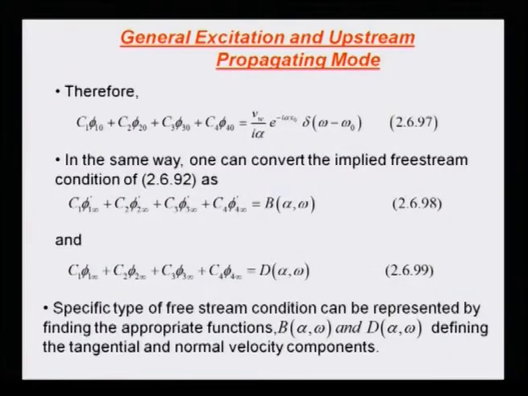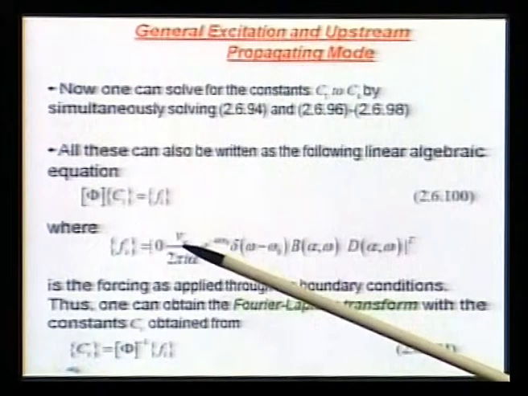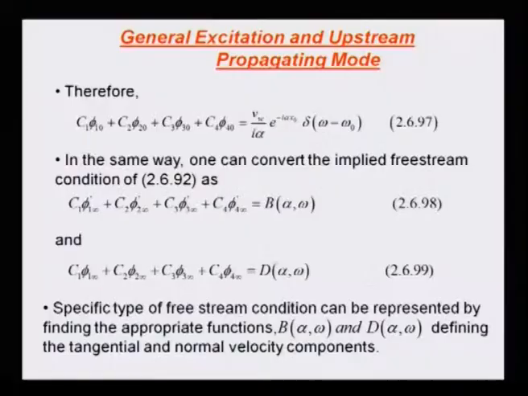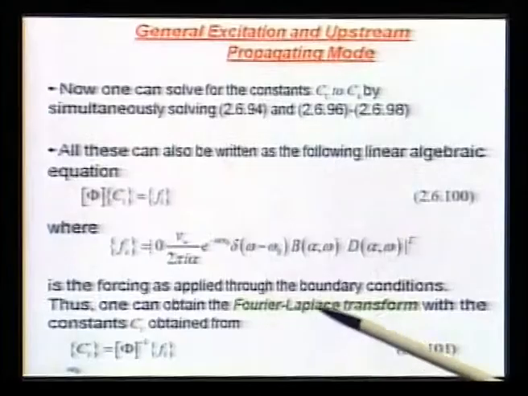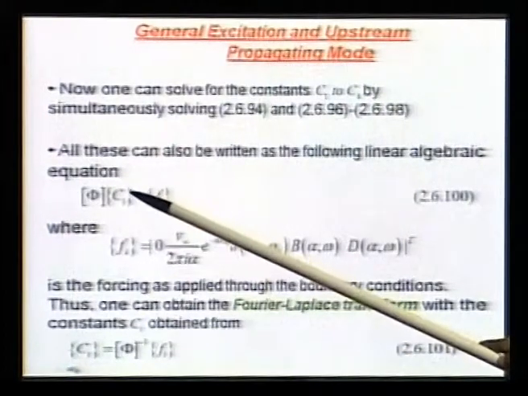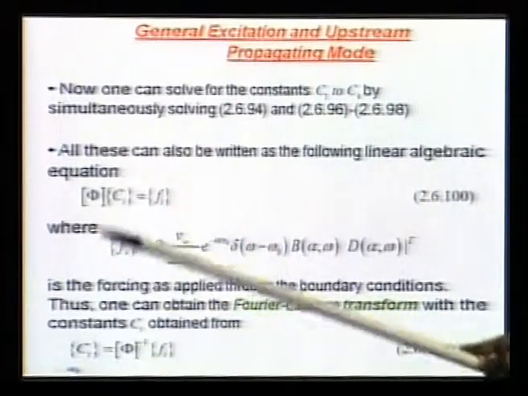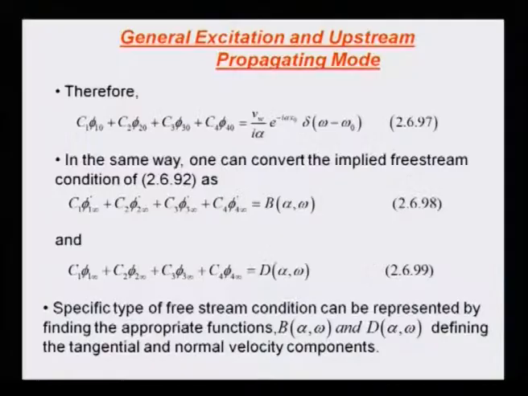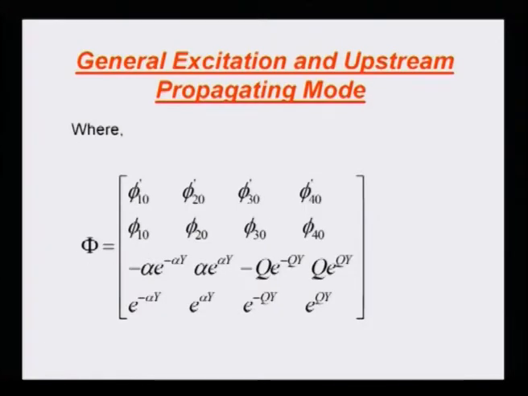What is important though is that if these excitations are non-null, non-zero, then I can obtain the C vector as phi inverse of this. So what we are finding once again is very simply this, that the determinant of phi is going to come into play, and the phi matrix was given in terms of the 4 fundamental solutions.